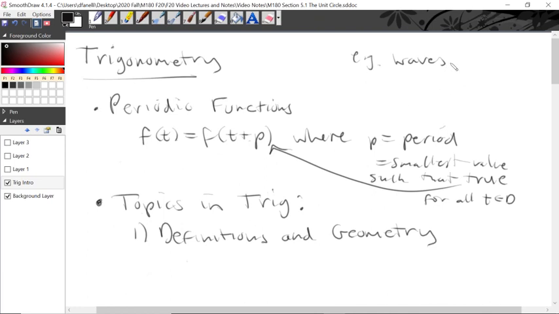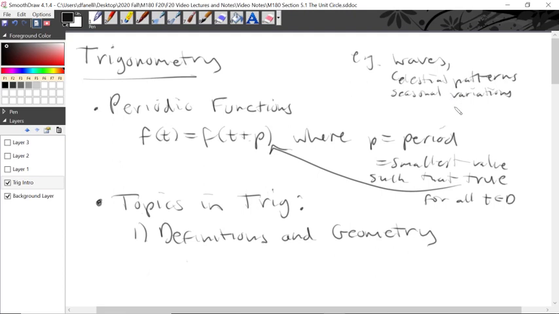Other things would include celestial patterns: sunrise, sunset, lunar patterns, full moon, new moon, those cycles repeat. Seasonal variations. We could be talking about the seasons of the year, summer to fall to winter to spring back to summer again.